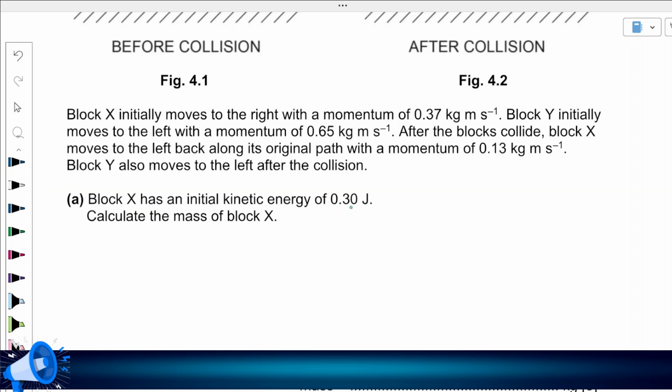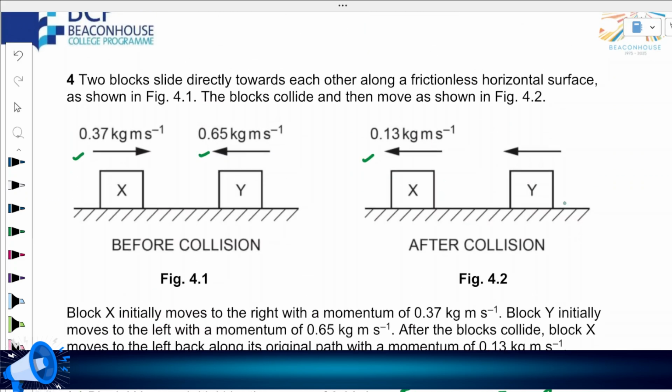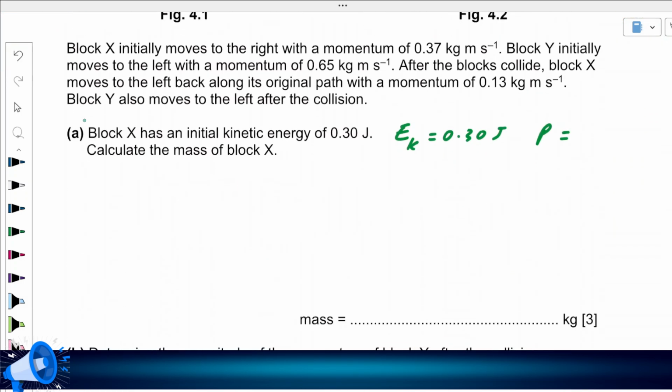The kinetic energy is given. The kinetic energy of x is 0.30 joules, and the momentum of x is also given as 0.37. Now what is the relation?